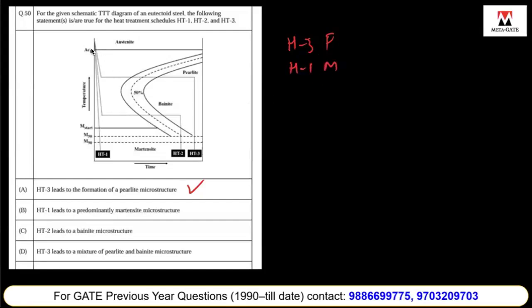In H2, you are cooling it and then holding it in the bainitic zone, and the bainitic region start and finish both were completed. So it is bainite, not a mixture of pearlite and bainite. H3, as you have already seen, leads to the formation of pearlite.